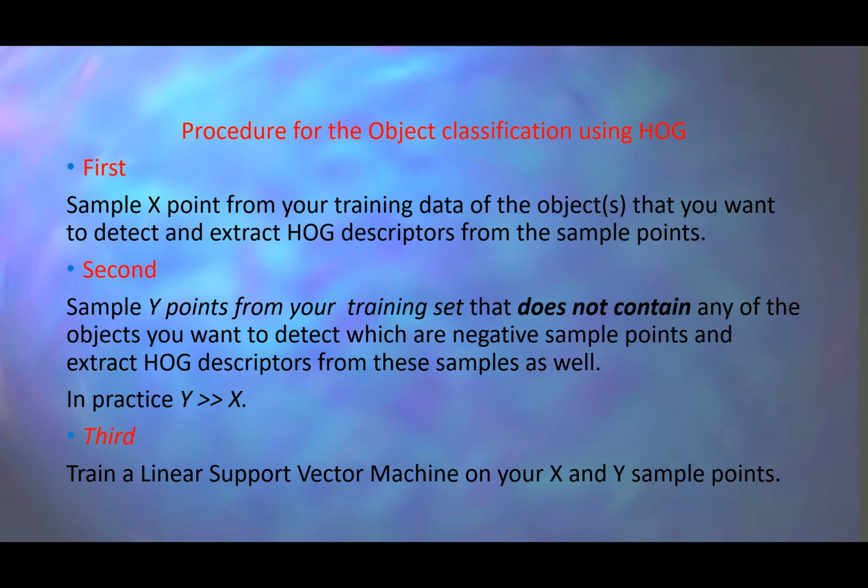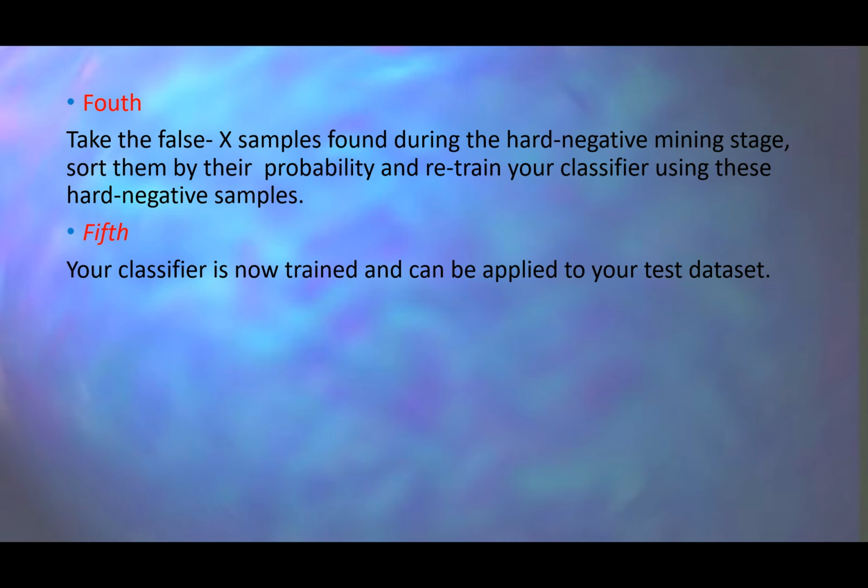And then, when you go to the fourth procedure after training the vector machine, the positive X samples that you extracted, you would get them and sort them in a hierarchy or probability of what is considered first.